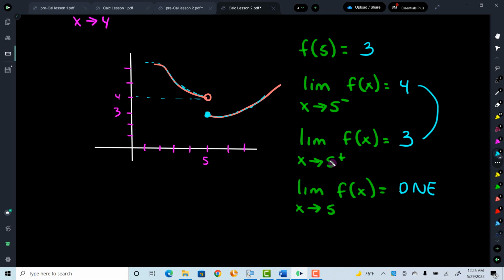Okay, here's another example. I'm going to use the same graph just to make it quicker.